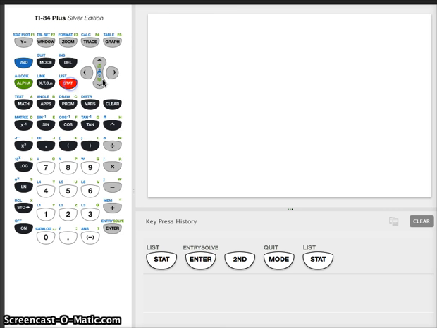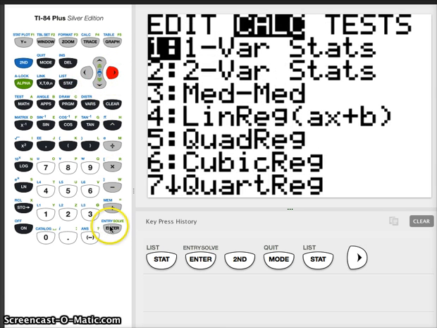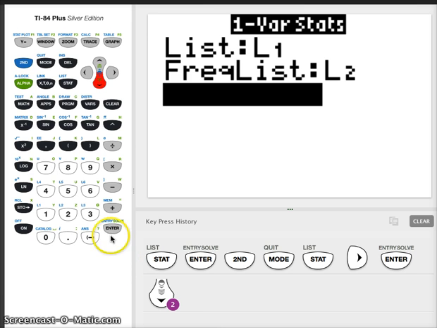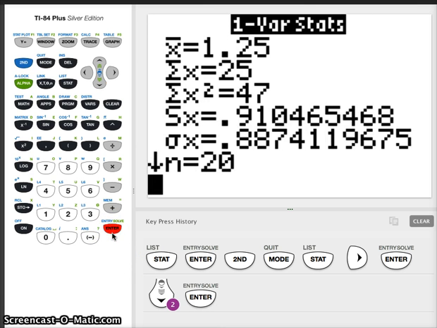We're going to go to stat, one variable statistics. Now remember, you can either put L1 comma L2, or if you have a little editor like this, that's your values, that's your frequency list, and then that is the word calculate, which you're going to do.